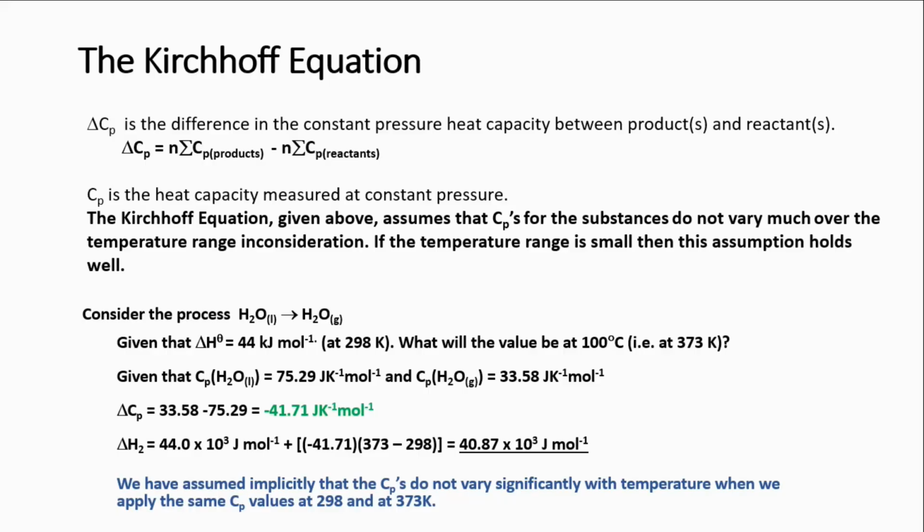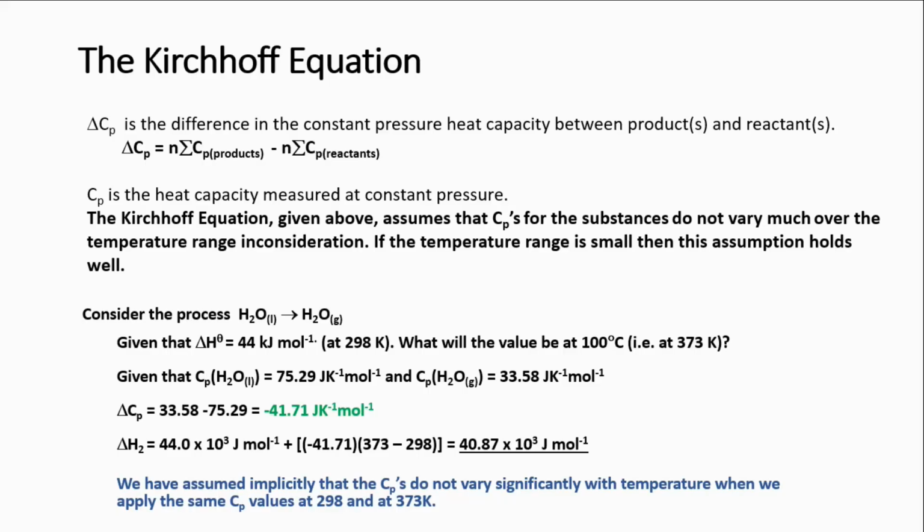Okay, so the constant pressure heat capacity value for water is 75.29 joule per Kelvin per mole, and as you can realize, this is a molar heat capacity value.